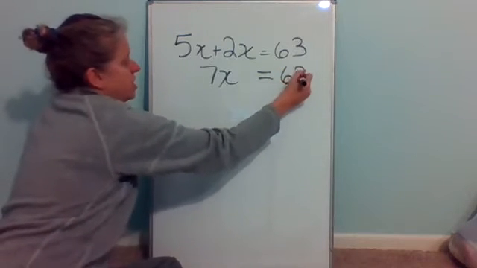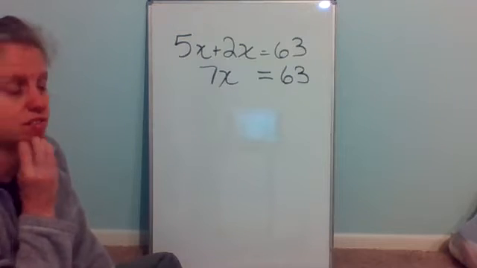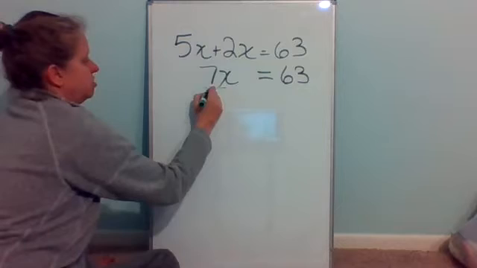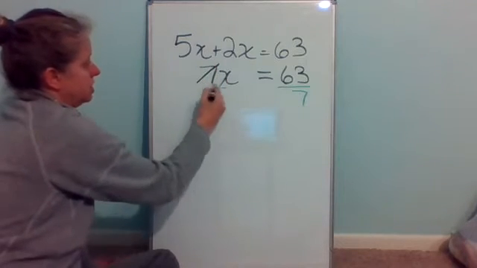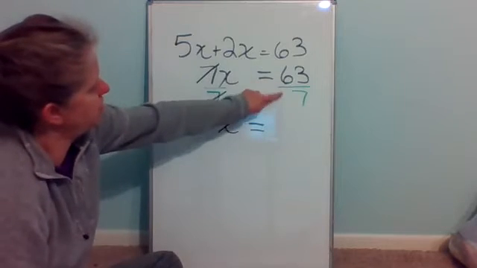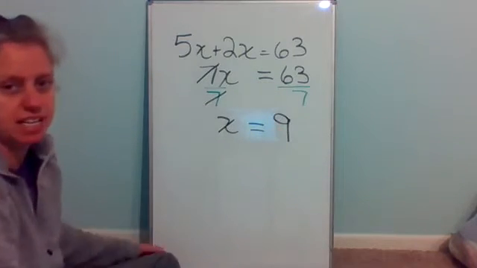Drop down my 63. To get rid of the hooked on 7, I'll just need to divide both sides by 7. To cancel it, so there's my x equals, when you divide this side by 7, you get 63 divided by 7, which is 9.